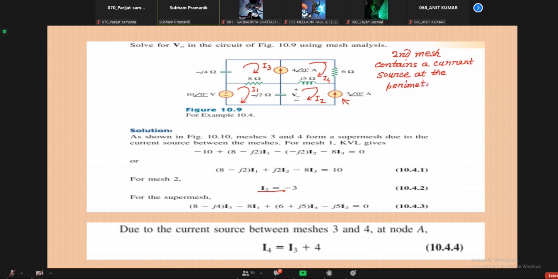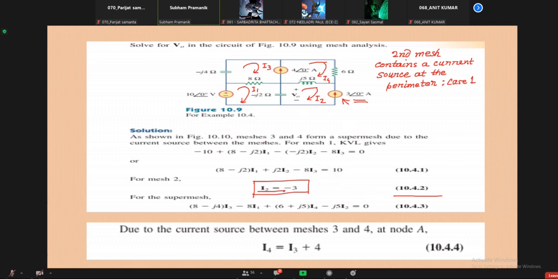Remember, case 1. So immediately what you can conclude here: when a current source lies at the perimeter, then that mesh current will be given by that current source. I2 equals that one. Yes, sir. I2 equals that one, but their directions are different, so that's why it is minus. That is one equation.